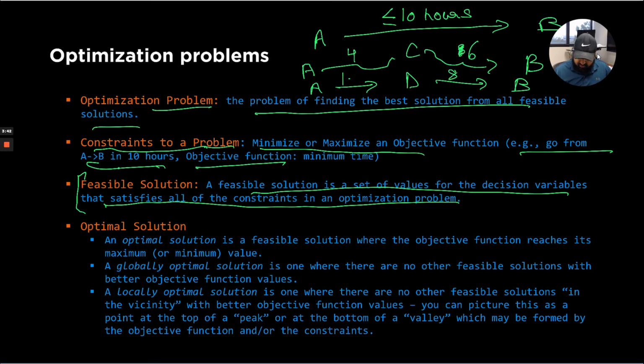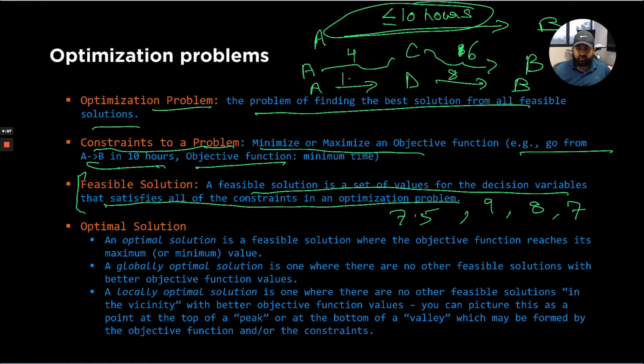All possible solutions that satisfy this inequality, let's say a person takes 9 hours, 8 hours, 7 hours, 7.5 hours, taking different paths to reach the final destination, all of those are feasible solutions, because they satisfy all the constraints in the optimization problem.